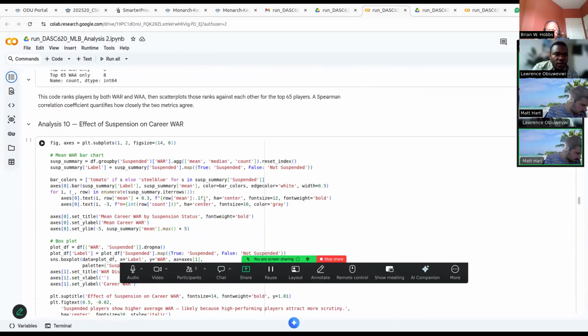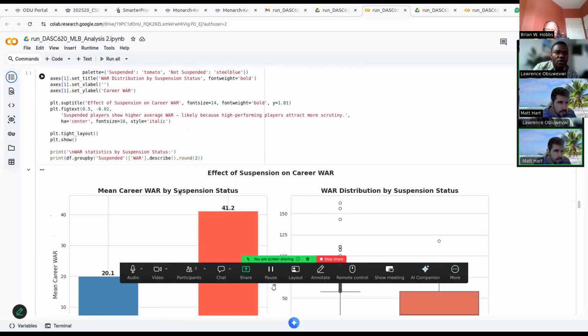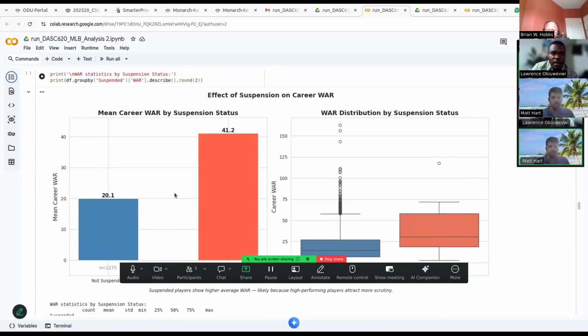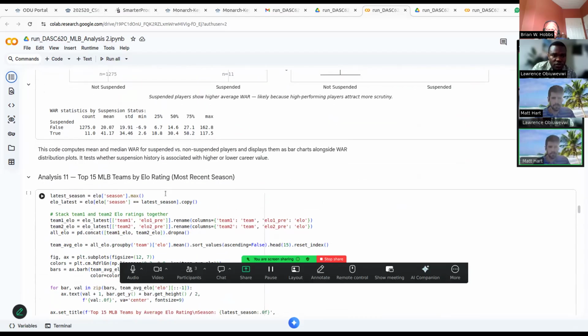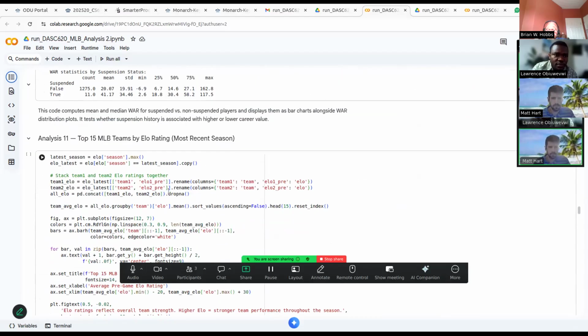And analysis 10, we looked at the effect of suspension on career WAR. Here we compared players that got suspended during their career and players that were not suspended, and how that affects the team.